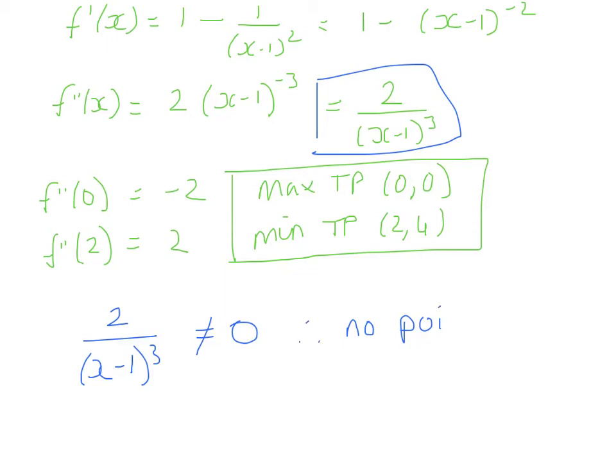Okay, so let's put it all together in a sketch. I'm going to draw in my axes, and first of all I'm going to draw in my asymptotes. So I've got 1 at x equals 1.